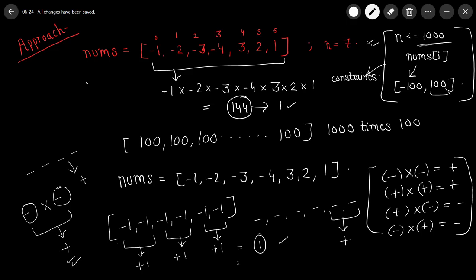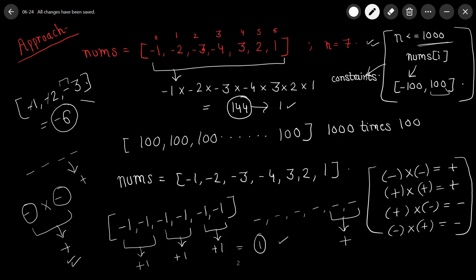But if they are odd in number, like we have minus 1, minus 2, and minus 3, the magnitude is 6, we know, 1 into 2 into 3. And about the sign, this and this get cancelled out, but we get this minus remaining. So this gives minus.